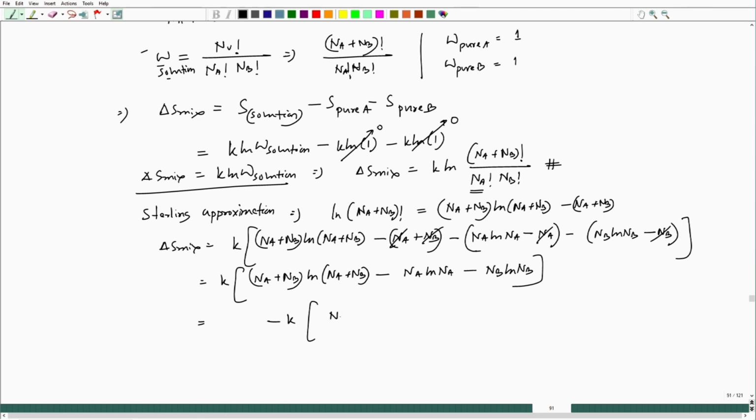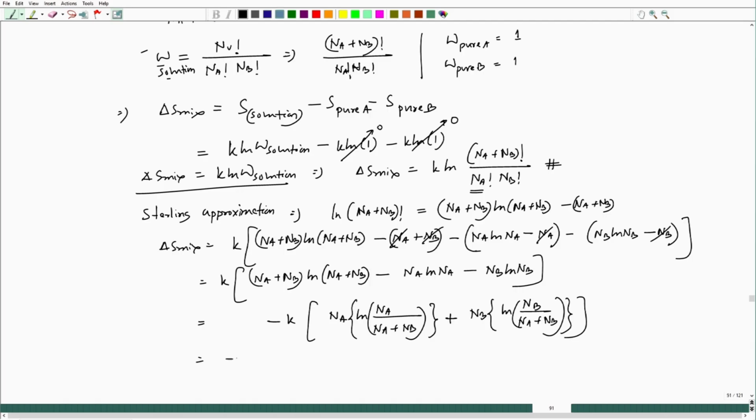So, minus k, then you will see N_A ln of N_A divided by (N_A plus N_B), plus N_B ln of N_B divided by (N_A plus N_B).